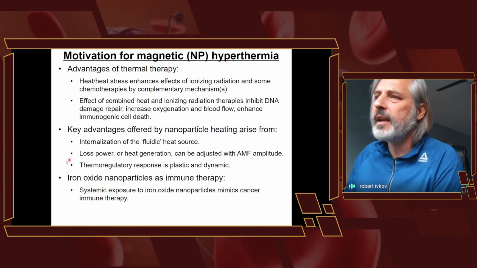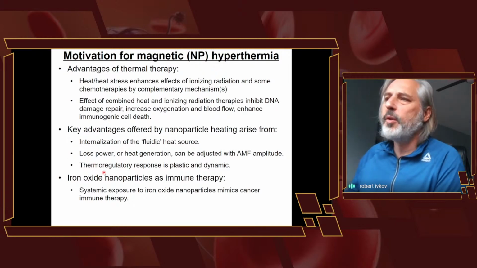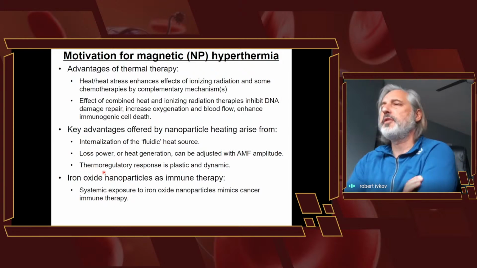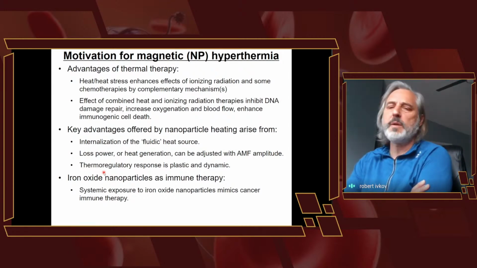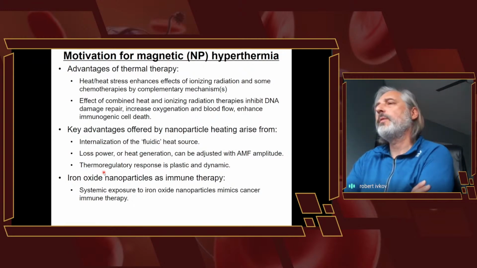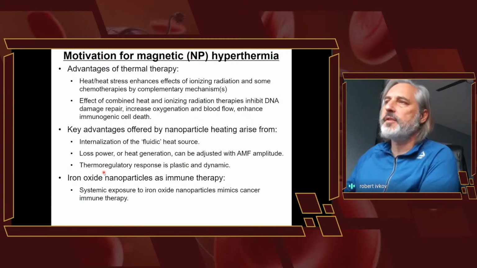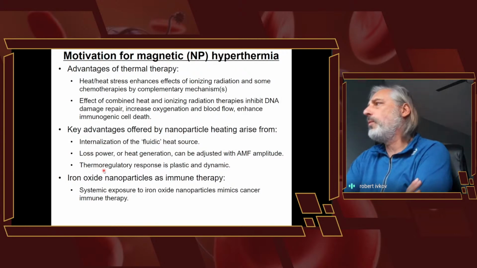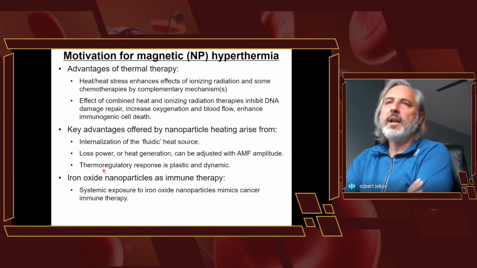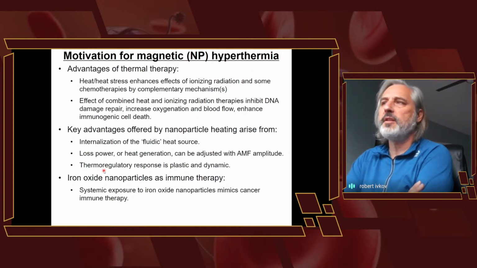One of the things we take advantage of to address some of the challenges of magnetic hyperthermia is that there is a thermoregulatory response, and that this response is plastic and dynamic. Tissue that is heated will respond to mild heat stress by increased vasodilation.